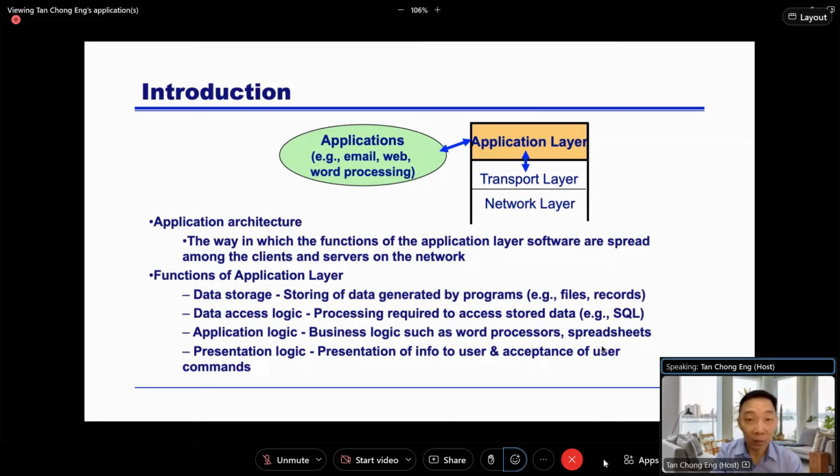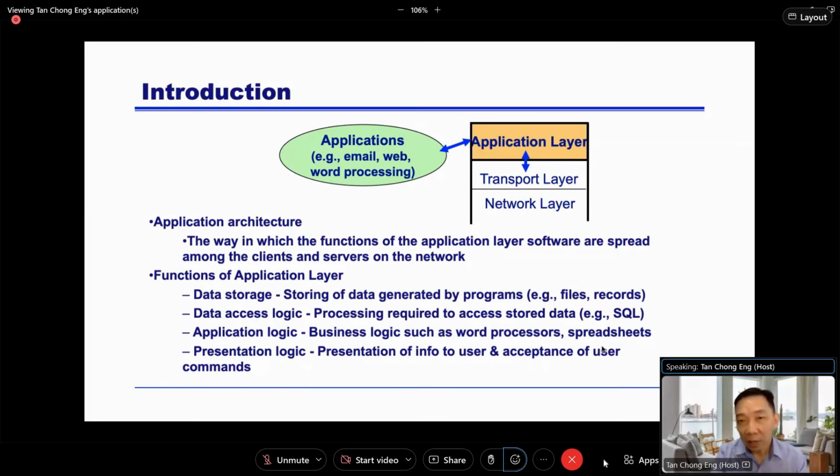But only software that has network capability can be placed under the application layer, because your application layer still needs to interact with your transport layer anyhow. If you do not have that, you just stand alone, so you cannot categorize yourself as an application layer.